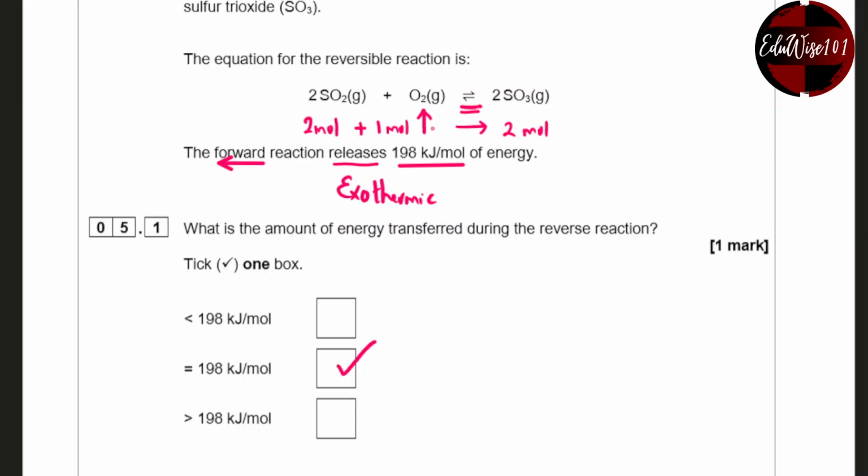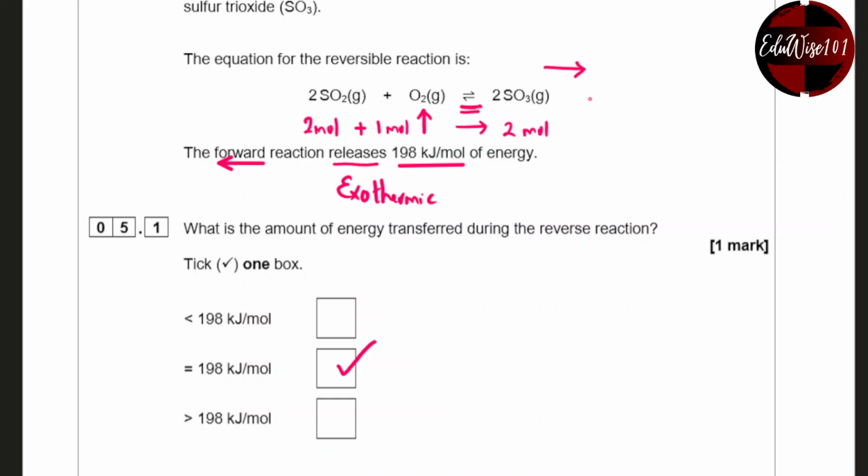So if you increase the amount of oxygen, it is going to try and reduce the number of moles of oxygen. So the forward reaction is going to take place.